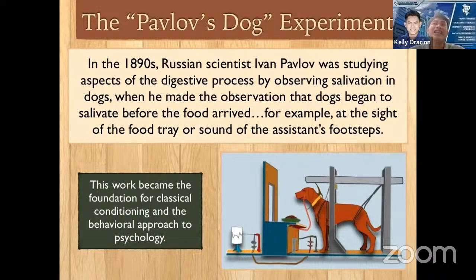He conducted an experiment, and through observation, he was able to achieve this theory, classical conditioning. He observed that dogs began to salivate before the food arrived, for example at the sight of the food tray or the sound of assistants' footsteps. This work became the foundation for classical conditioning and the behavioral approach to psychology.